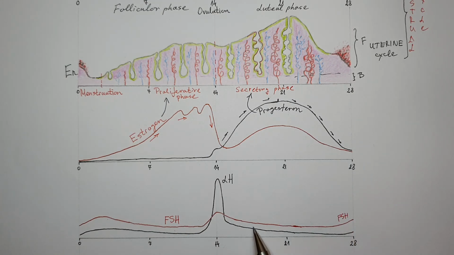When the cycle comes to an end, the corpus luteum gets converted into the corpus albicans, which doesn't produce hormones. So both of these hormones, at the end of one cycle and the beginning of the next, start to rise.